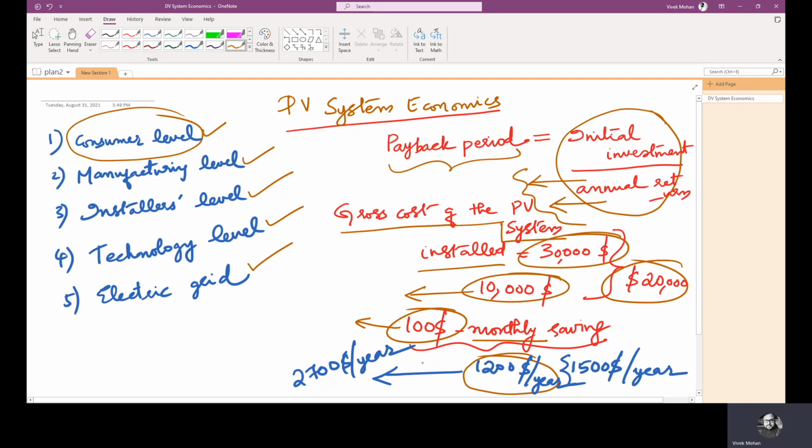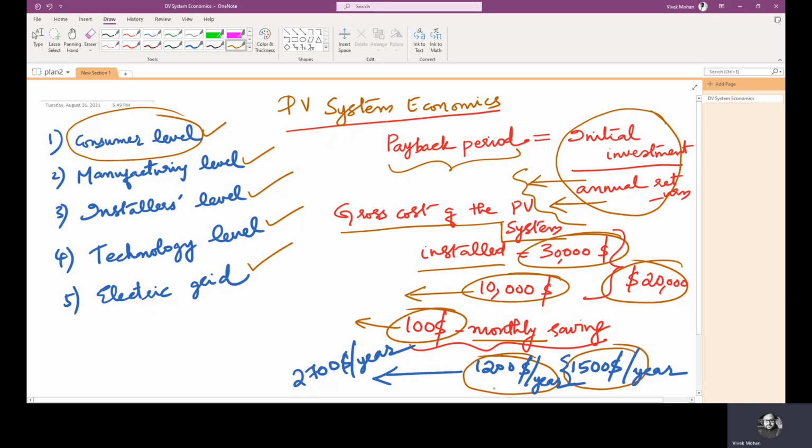Okay. Now in addition to this, if he has excess power after meeting his own local demand, he pumps it to the grid, and by that he is earning $1,500 per year.